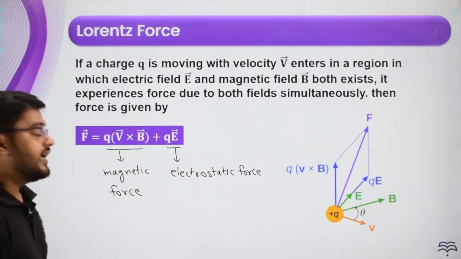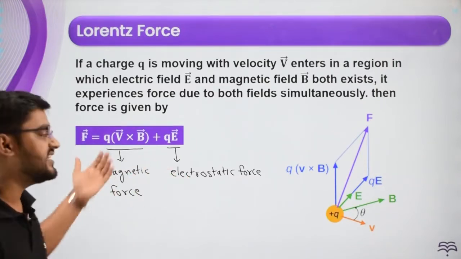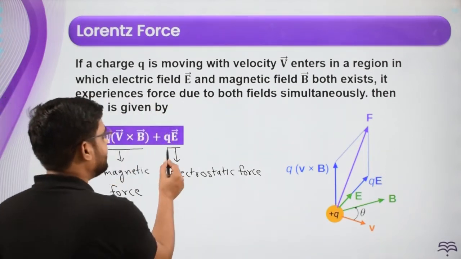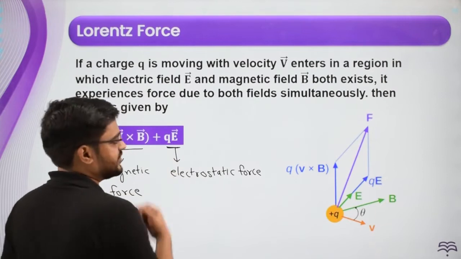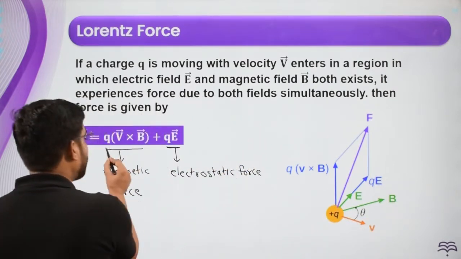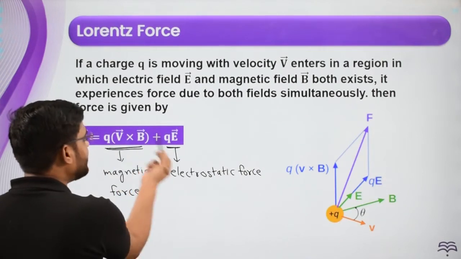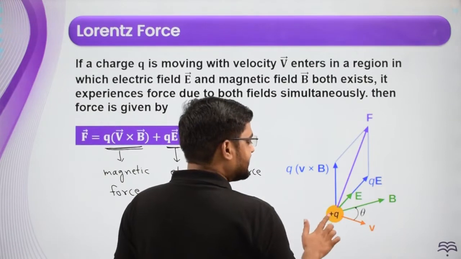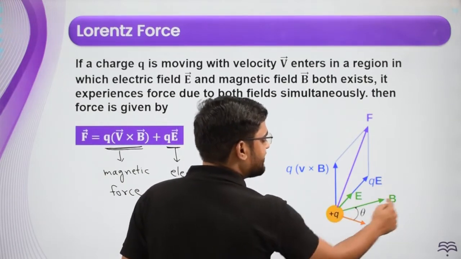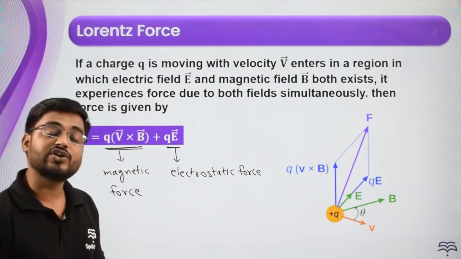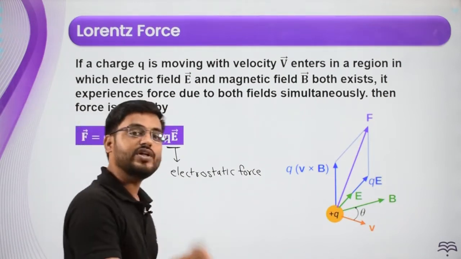So the electromagnetic force is basically the Lorentz force, and here the direction is also given. The direction of the electrostatic force is in the same direction as the electric field, but the direction of the magnetic force is perpendicular to the velocity vector as well as perpendicular to the magnetic field vector. The velocity is in this direction and the magnetic field is in this direction, and to get the direction of V cross B, or QVB, the force, you need to do the cross product.